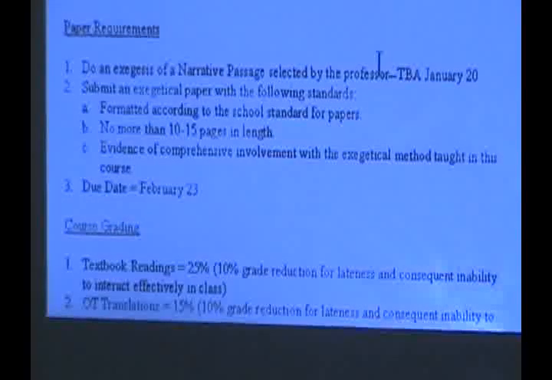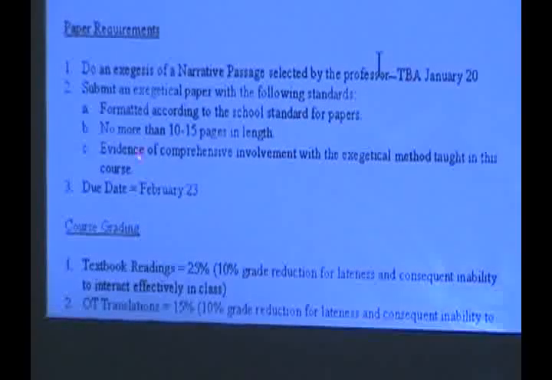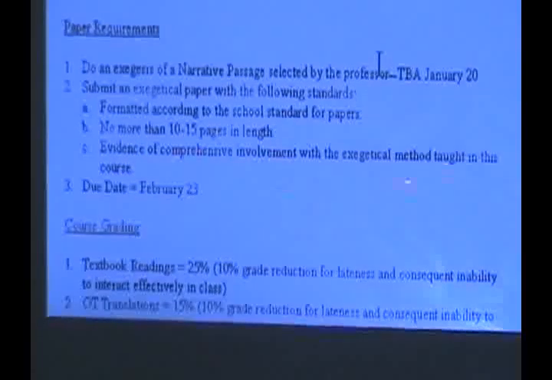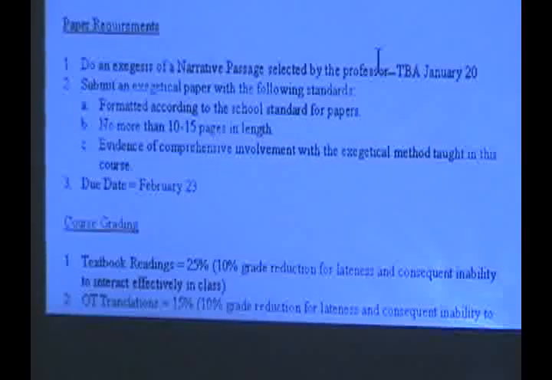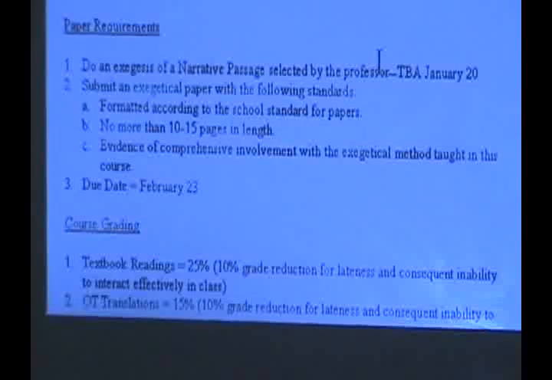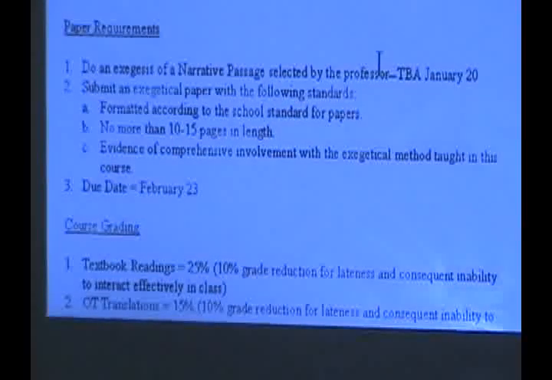Okay, so what we're looking for in a paper is evidence of comprehensive involvement with the method taught in the course. Evidence does not mean every little thing the way in which we're going to necessarily do it.